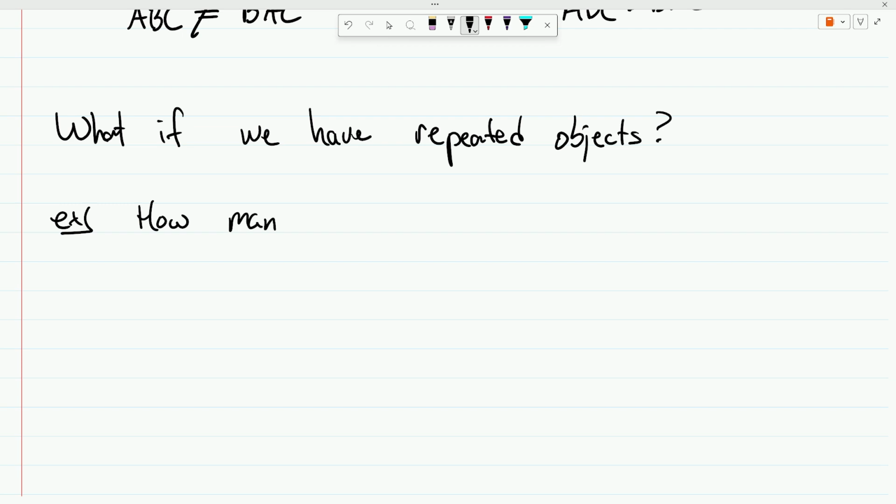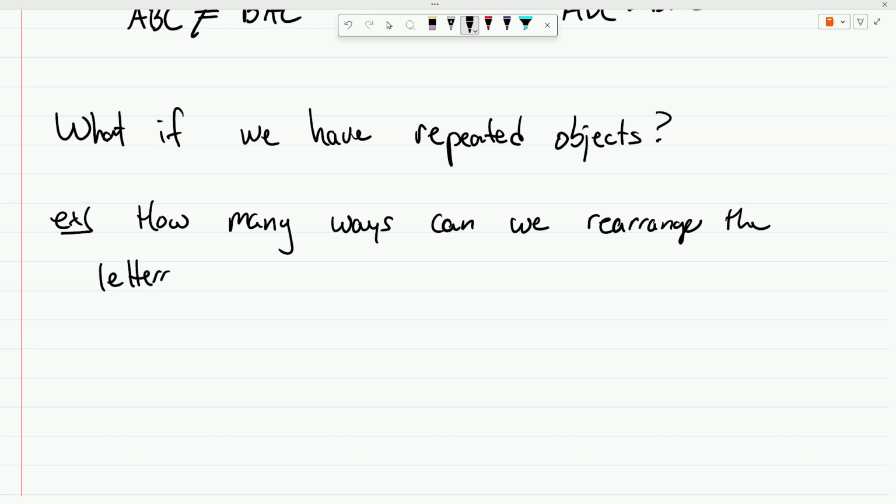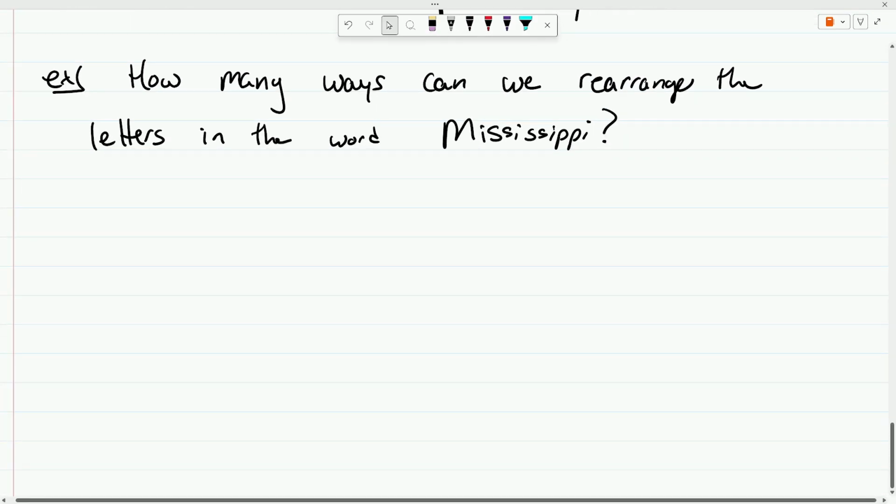How many ways can we rearrange the letters in the word Mississippi? Okay? So there's a very special formula for this, which is n factorial over, and then the way that it's written is like this.